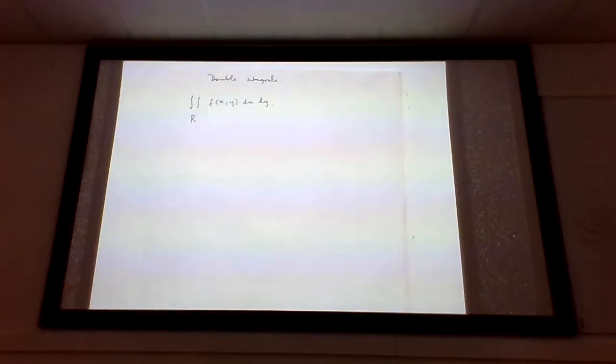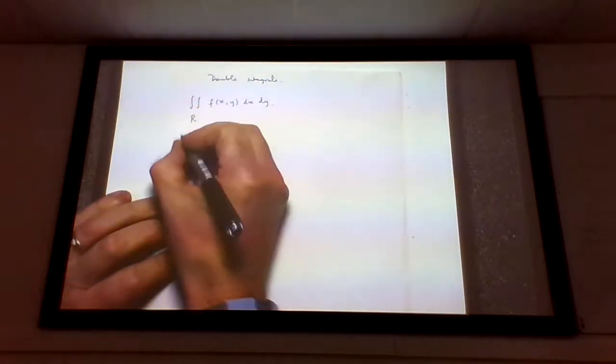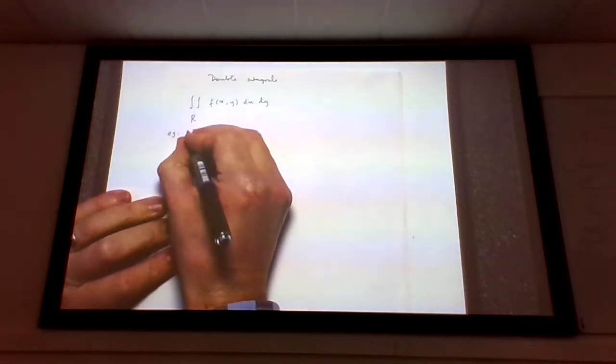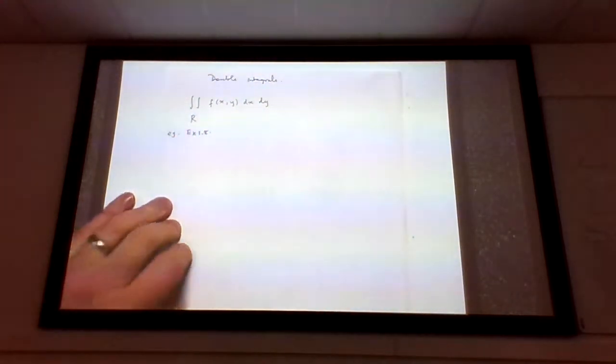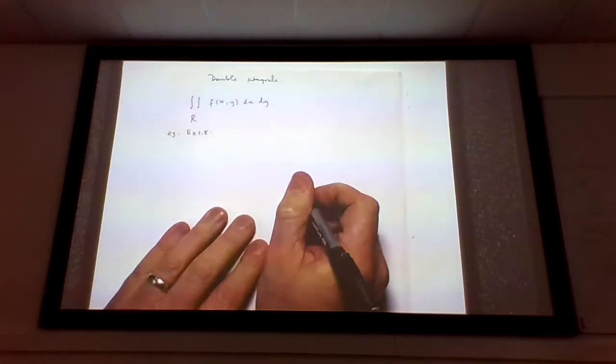These are things that look like this. And we looked at example 1.8. We had when R was a rectangle.